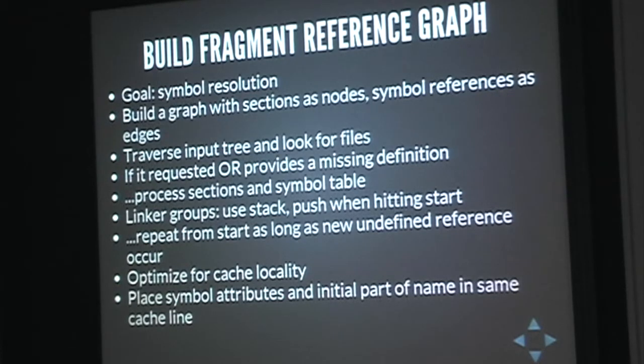The reason to do this very carefully and in this order is we want to provide as much cache locality as possible. So the data structures involved here are carefully designed. For example, the representation of a symbol contains all the important attributes and the initial part of the name.